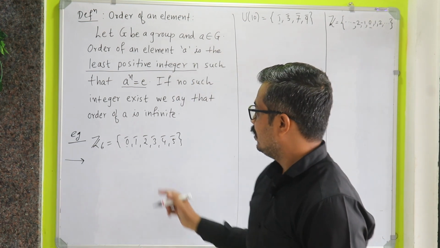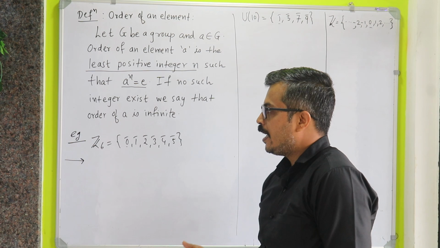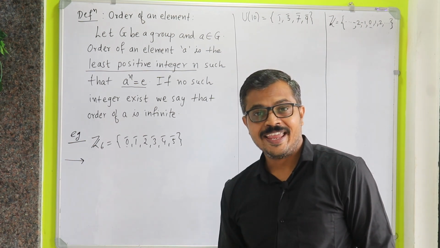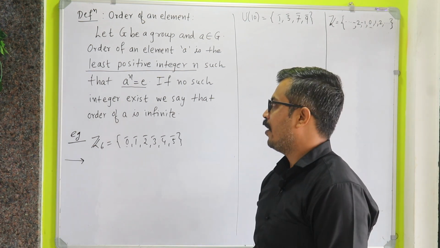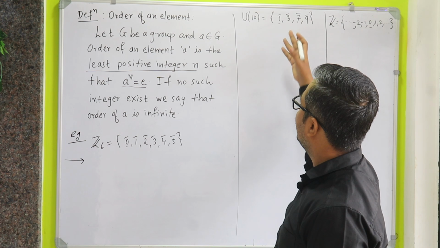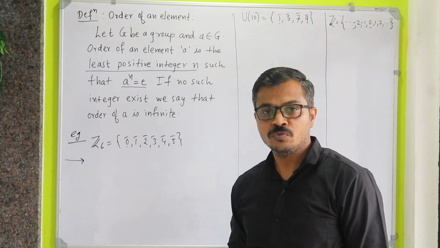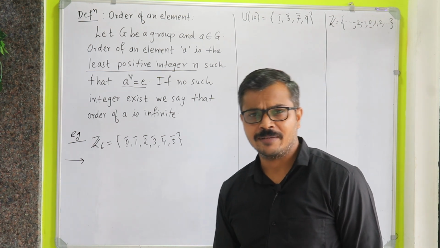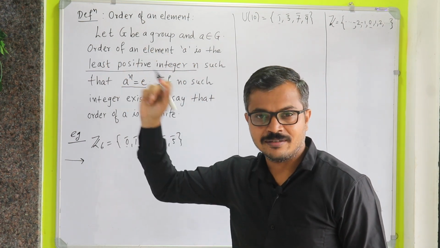So here in case of Z6, A raised to n will be A plus A plus A, and that plus is modulo 6. Alright, and in the group U10, A raised to n will be A multiplied by A multiplied by A, but the multiplication will be modulo 10, right?